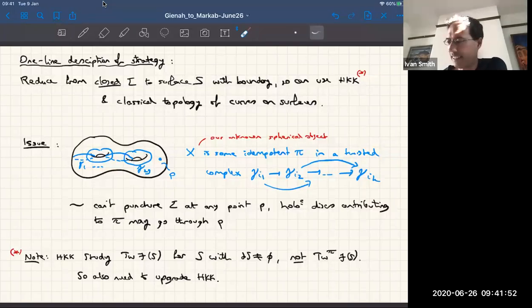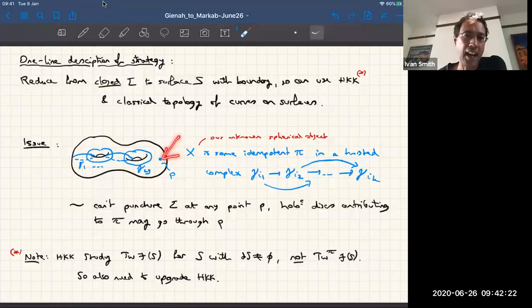The trouble is that, a priori, all we have is some idempotent pi written in a twisted complex on some set of split generators for our category, for instance, a standard A to G chain. And the idempotent that enters into this twisted complex is built out of holomorphic polygons, and some of those holomorphic polygons could perfectly well run over this point, wherever I put the point.